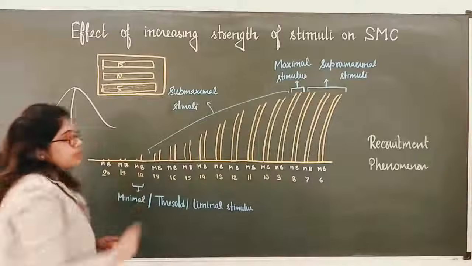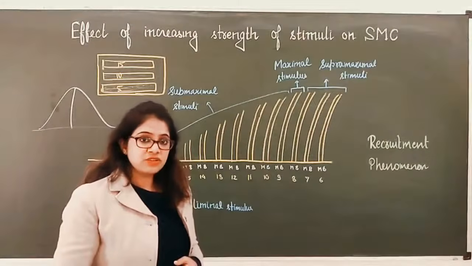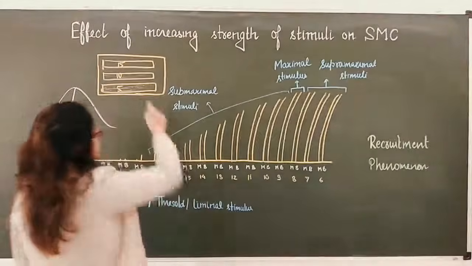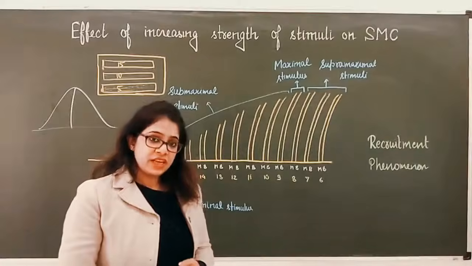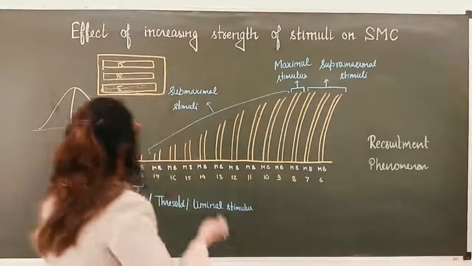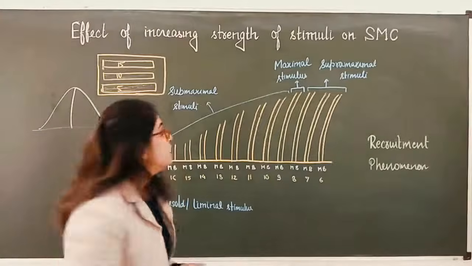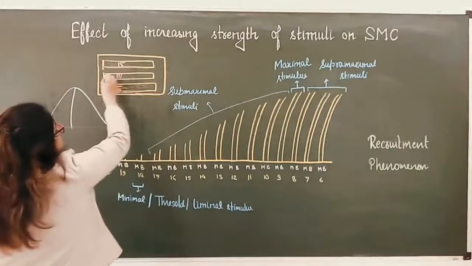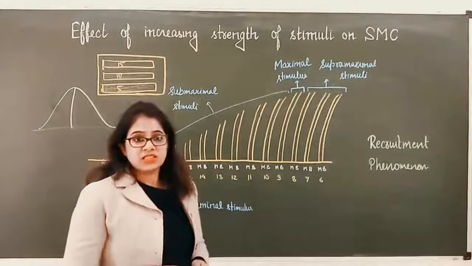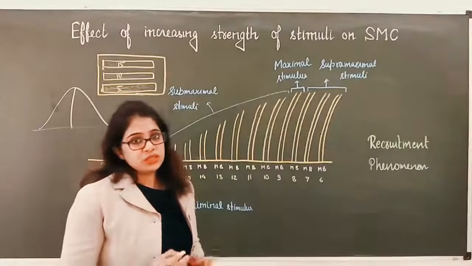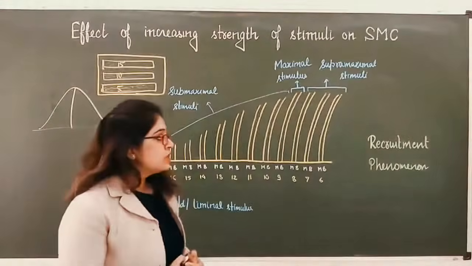Now again, if I give a stimulus of 12 millivolts, will there be any change in the force of contraction of the muscle? No, because previously also two motor units were there, and now also two motor units will be there to contract the muscle. Now again, suppose I have given a stimulus of 15 millivolts. Now we will see that all three motor units will come into the picture because now my stimulus has crossed the threshold of all three motor units, and now the muscle will contract to its maximum.